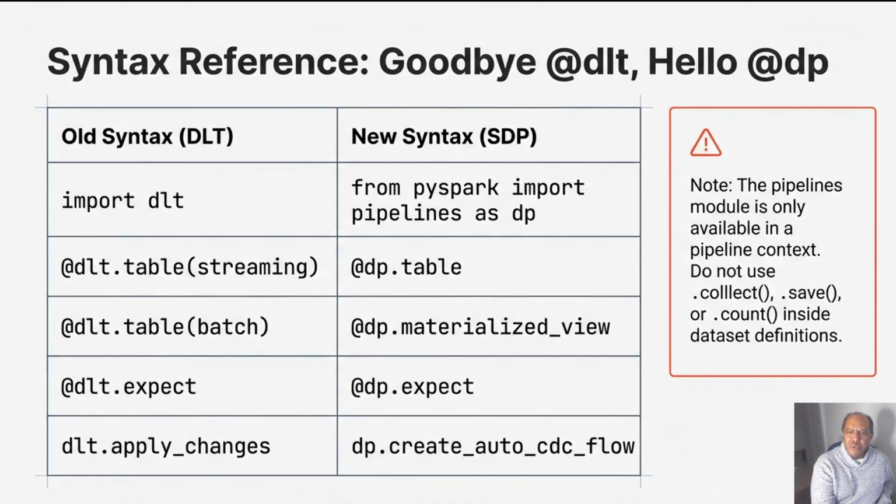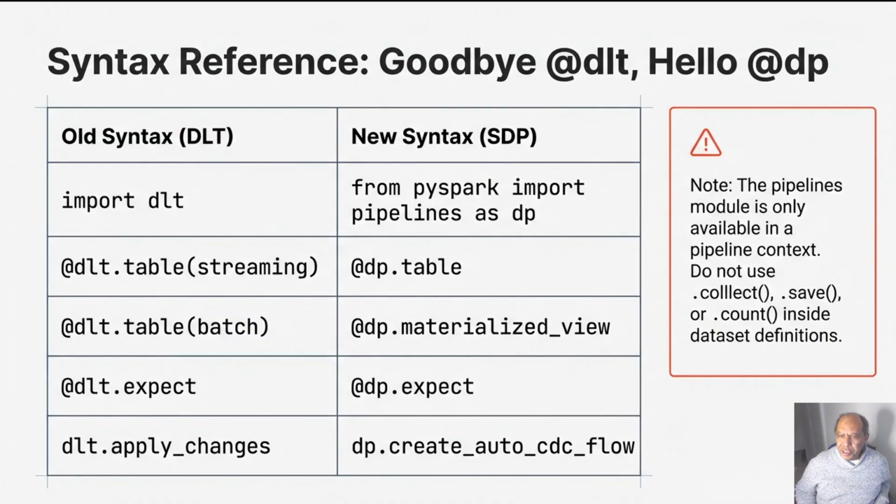It represents the evolution from Delta Live Tables, which is DLT, to the broader Databricks pipeline framework. Now, for streaming tables, the old @dlt.table decorator with the streaming parameter becomes @dp.table. Notice it is cleaner and more intuitive.